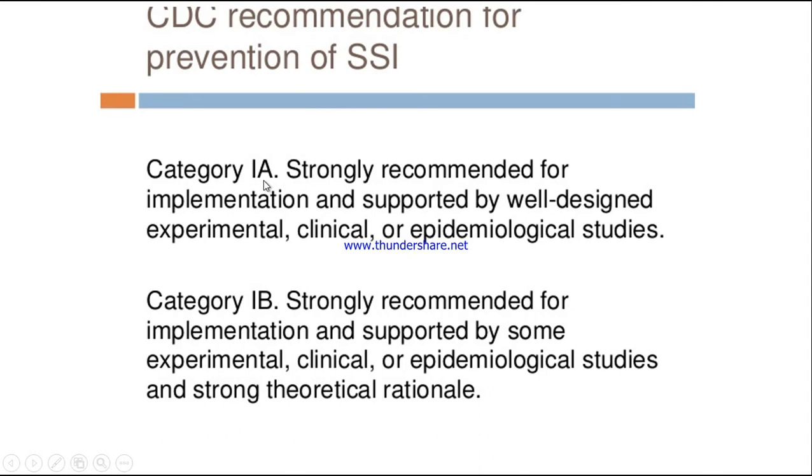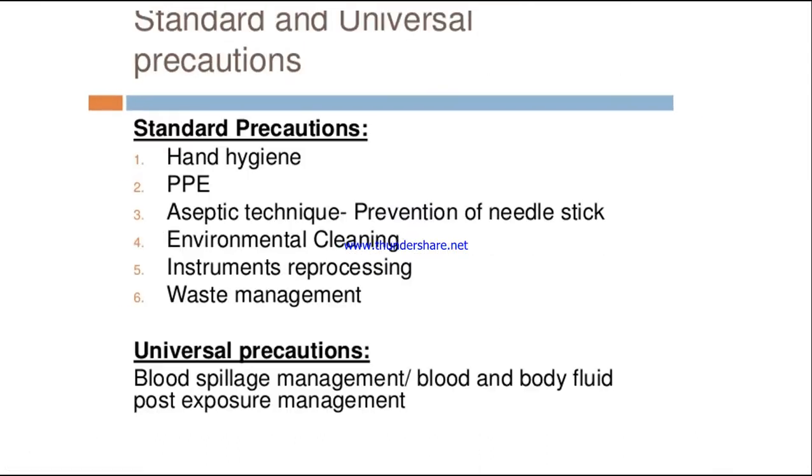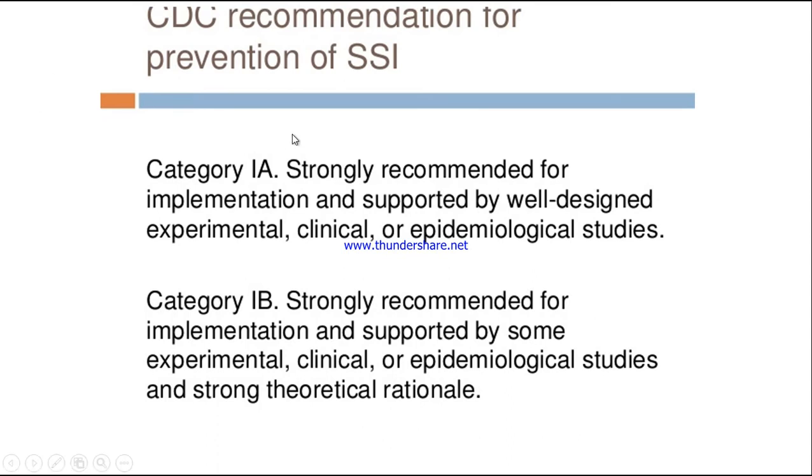According to category 1A, there are two categories that CDC has recommended: category 1A and category 1B. In category 1A, they strongly recommend implementation, supported by well-designed experimental, clinical and epidemiological studies.